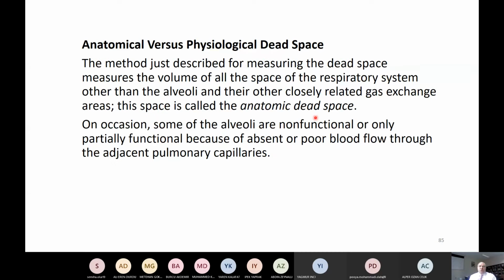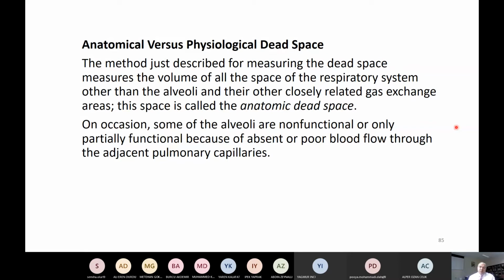There is also something called physiological dead space. If all alveoli are entering gas exchange, then the dead space is only 150 milliliters, that's okay. But in some diseases, for example, chronic obstructive lung disease or emphysema, the alveoli will be ruptured and then enlarged. So not all alveoli will take part in the gas exchange.